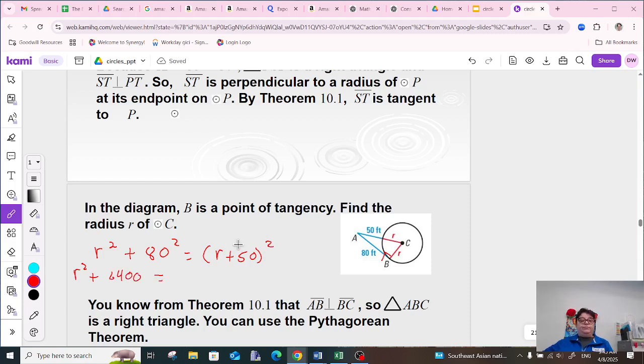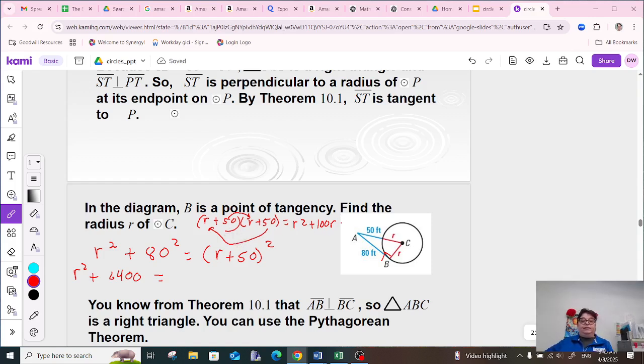Okay, now I need to multiply this out. R plus 50 times R plus 50 equals R squared, because R times R is R squared. 50R plus 50R is 100R, because when I take 50 times R and 50 times R, they're both 50Rs, and then you add them together.